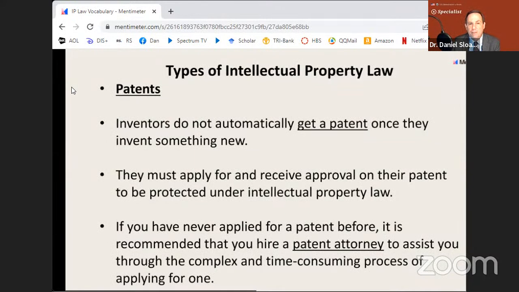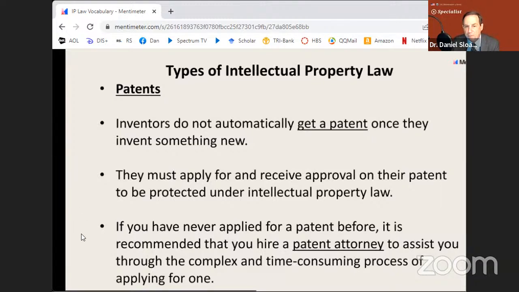Again, on patents, inventors do not automatically get a patent once they invent something new. They must apply for and receive approval on their patent to be protected under intellectual property law.